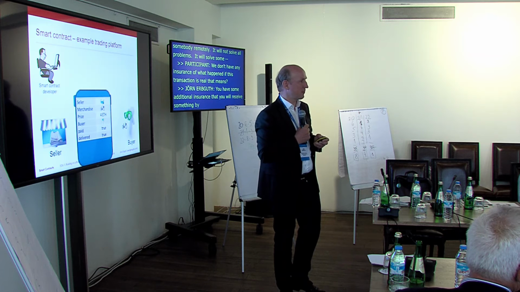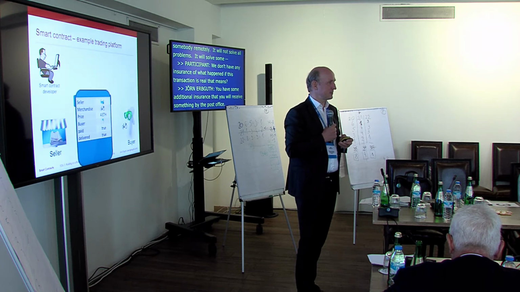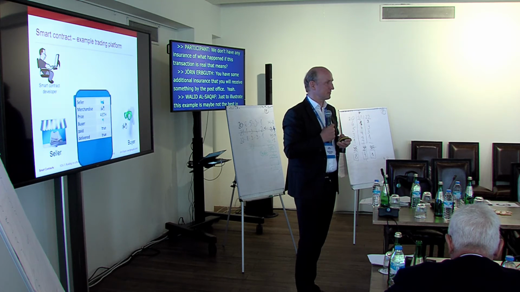Yeah. Just to illustrate, this example is not maybe the best in terms of understanding how smart contracts natively work, but it has the combination of physical material with crypto material. But the ambition of Satoshi Nakamoto and everyone within the cryptocurrency is that we actually need to communicate exclusively in this ecosystem.